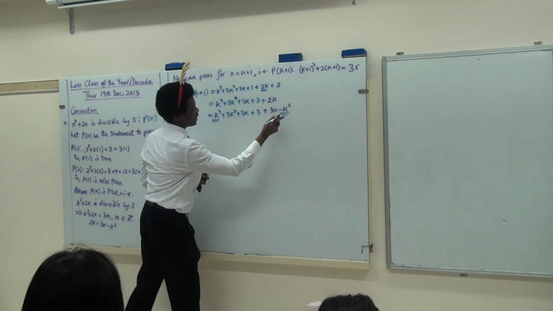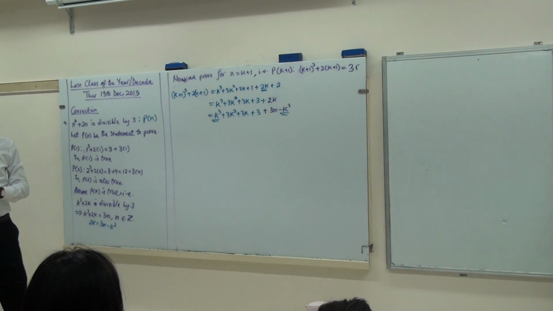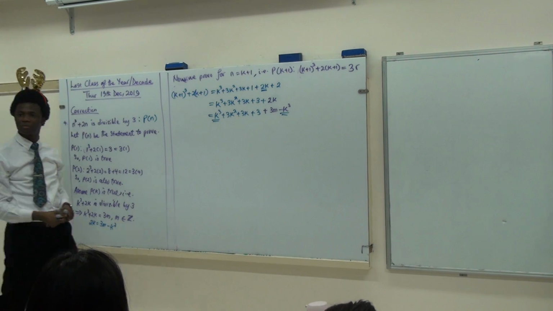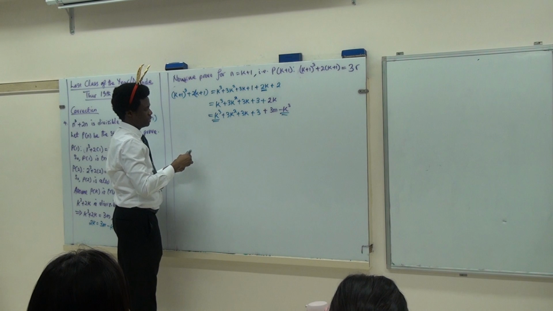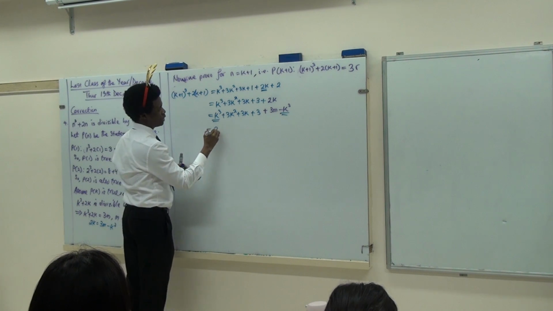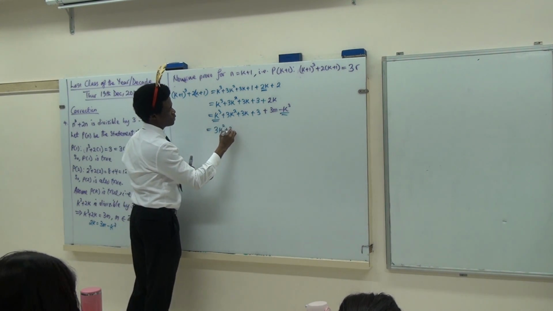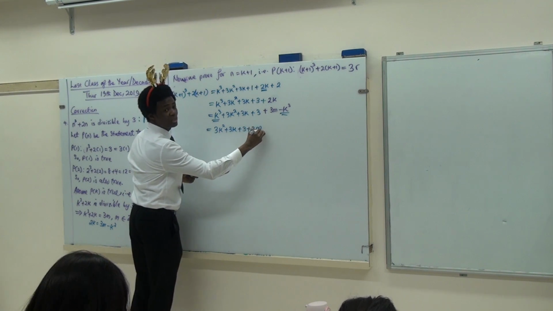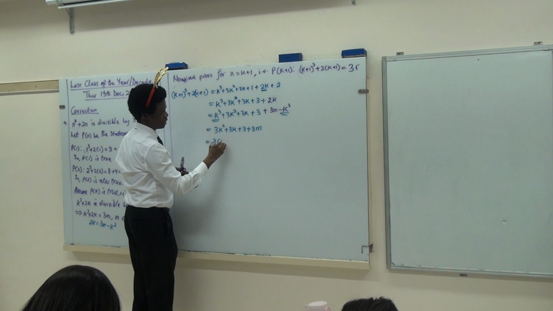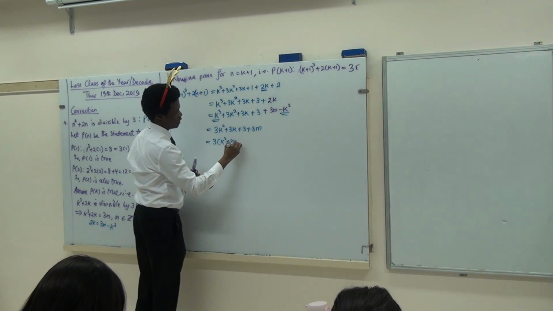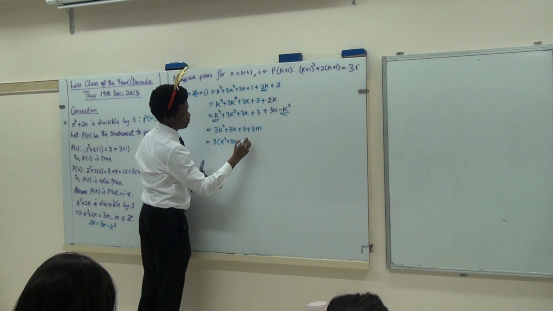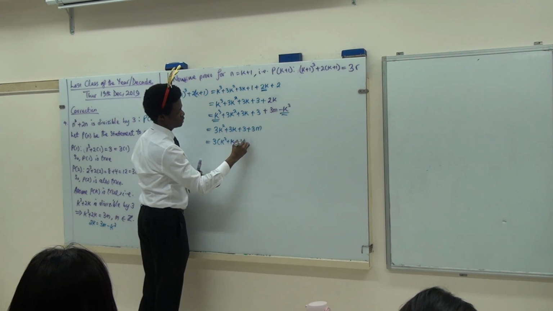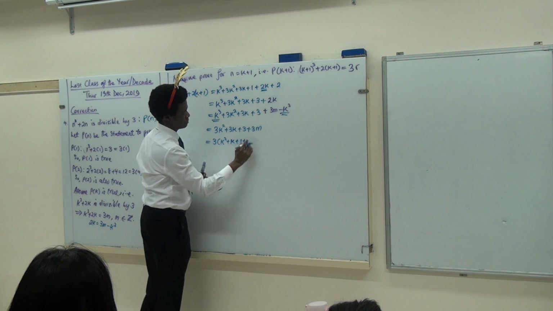This cancels this, the rest can bring 3 out. And that is the r we are talking about, whatever is left. So this is going to be 3k squared plus 3k plus 3 plus 3m, right? And that is 3 times k squared plus k plus 1 plus m.